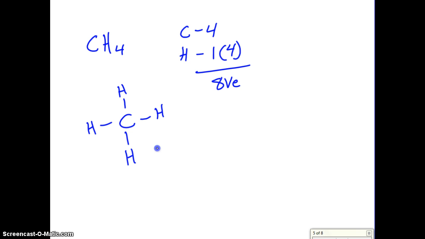So the next thing is to see if everything is satisfied by the octet rule. Hydrogen only wants 2. So 2, 2, 2, and 2. Carbon wants 8, and this bond is being shared equally between them. So 2, 4, 6, and 8 are going to carbon. So all elements are satisfied, and we're showing all 8 valence electrons. So this one's good.